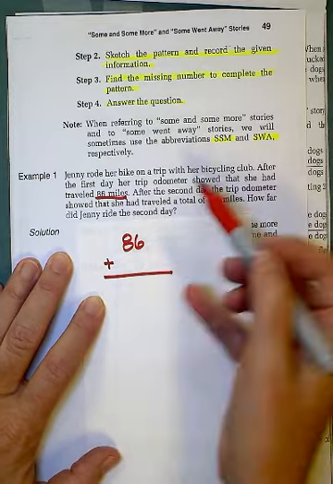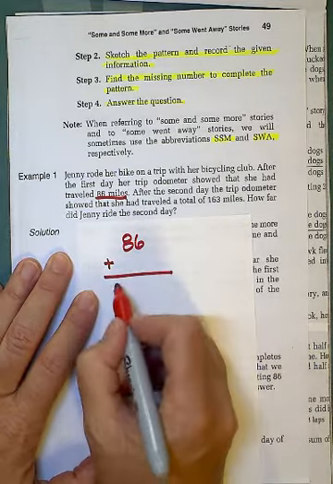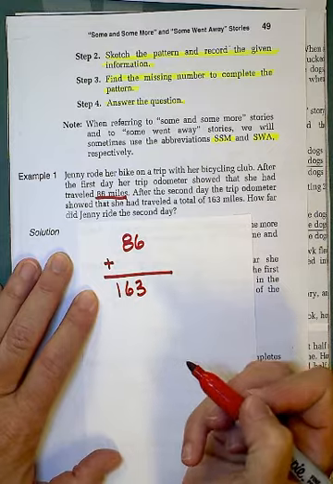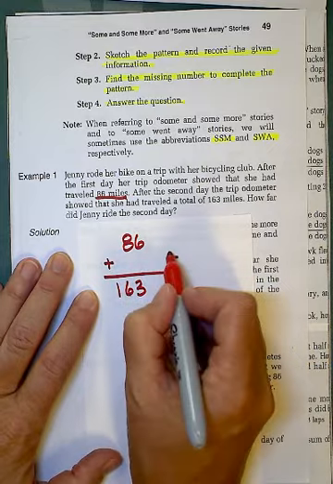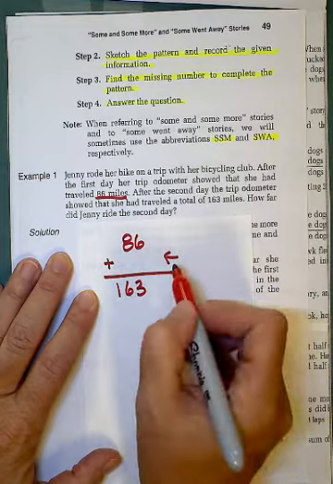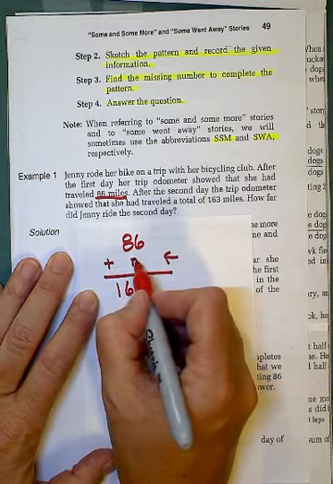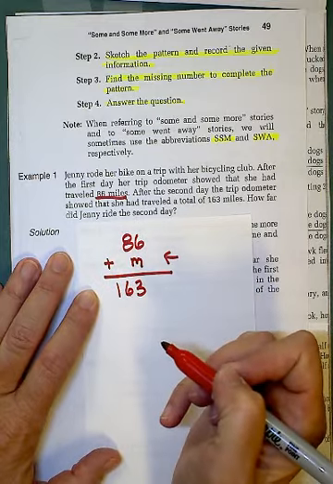That means after we add day 1 and day 2, our total is 163. The missing part of this story is what did she travel on the second day? Since it's our missing piece of information, we'll use a letter to show that this is the number we are solving for.